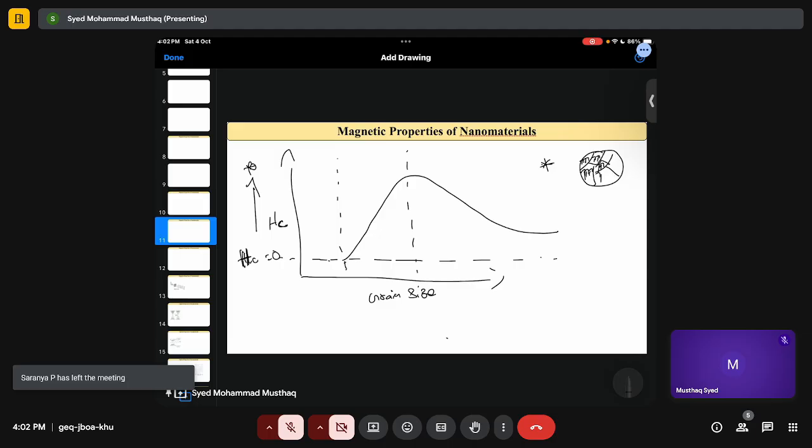Now if I try to apply a magnetic field, this domain will try to align, but this domain wall will obstruct the rotation of these spins. So that's why, whenever I decrease the grain size, this is single domain, and this is multi domain.